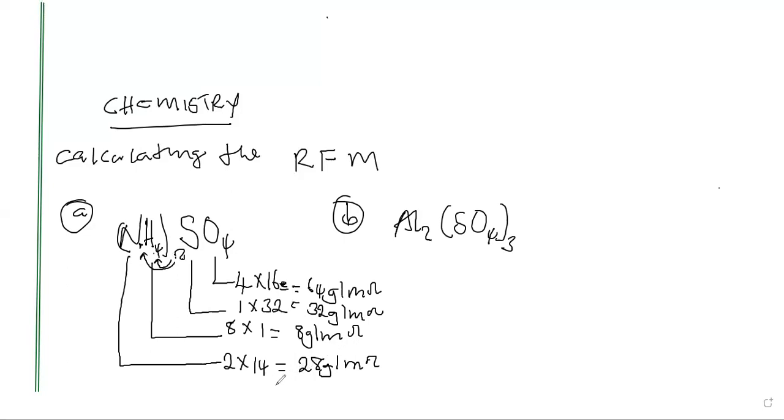Okay, so you can now add what you have. Okay, so what do we get? We got 64, 32 plus 8 plus 28. Okay, so you get a total of 132 gram per mole.